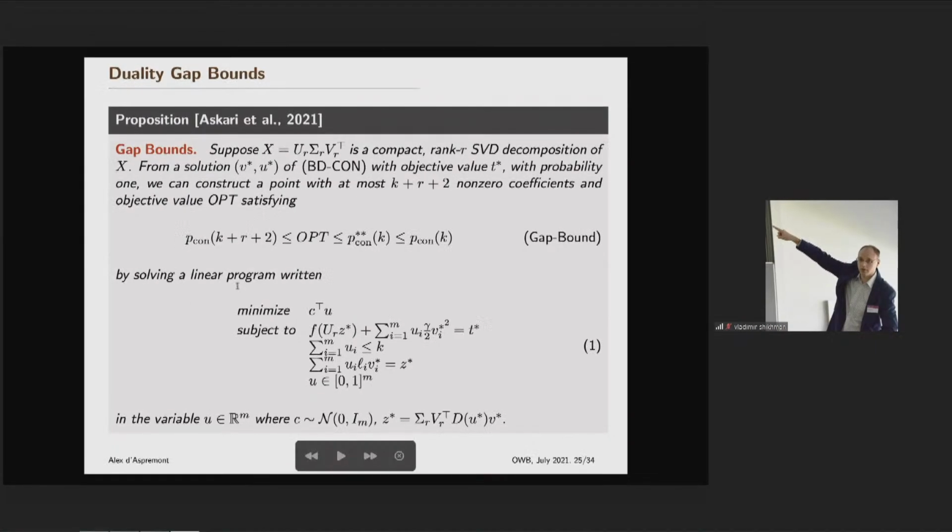And so we can have another result that looks very much like the one on naive Bayes. This one basically also shows that for lasso and sparse logistic regression, for example, the optimum is sandwiched between the value of the relaxations at a certain sparsity k and a sparsity penalized by the rank of the underlying model, right? And in this case, you reconstruct a primal solution by solving a linear program.